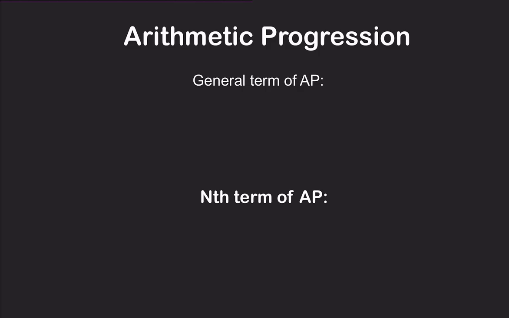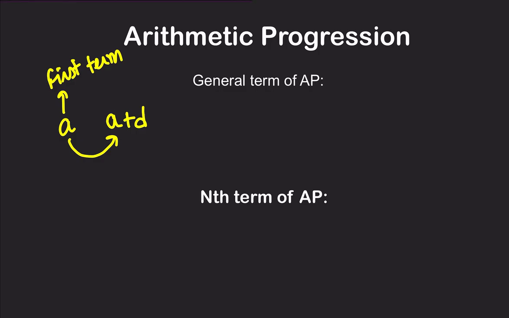So every time in a series, if we say what is the first term? The first term is normally denoted as A. A denotes the first term of the series. Now how will you get the second term? To get the second term you need to add some D to the first term. So if we add D to the first term, you will get the second term. And what is the difference between the two numbers?